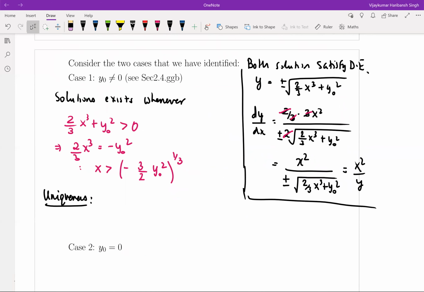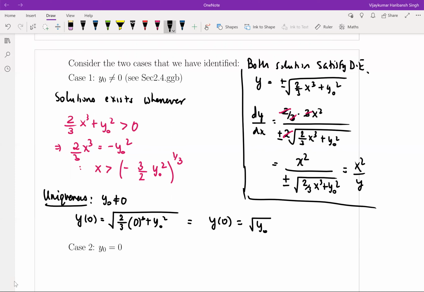If y naught is not 0, then we have y of 0 equal to the square root of 2 by 3 times 0 cubed plus y naught squared. So y naught equals the square root of y naught squared with a plus or minus sign. Now both sides should agree, right?